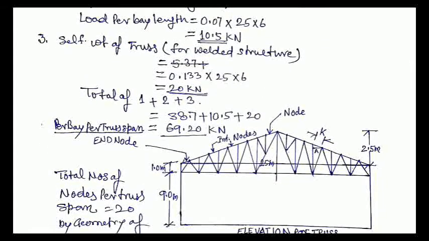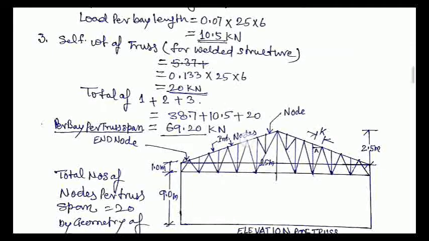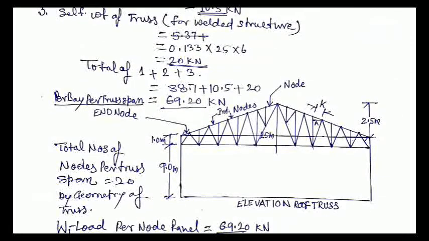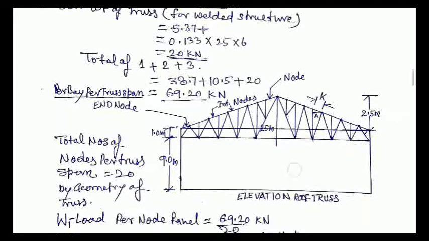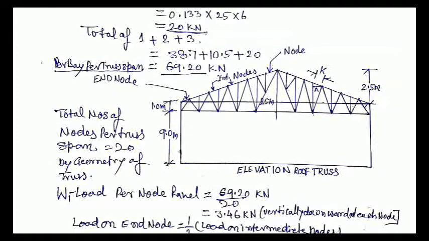So adding 1, 2 and 3, this total comes out to be the per bay or per truss load is 69.2 kilonewton.